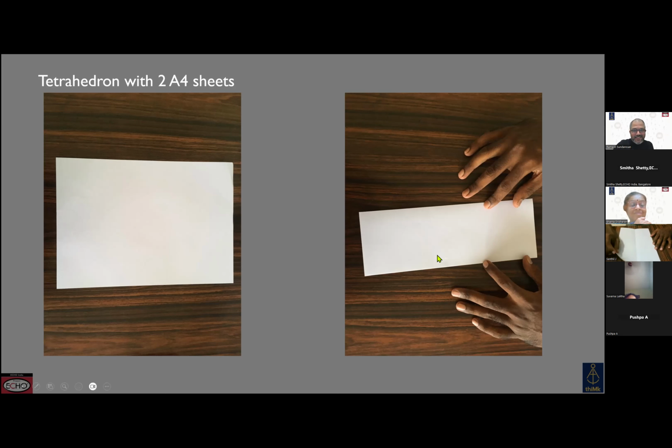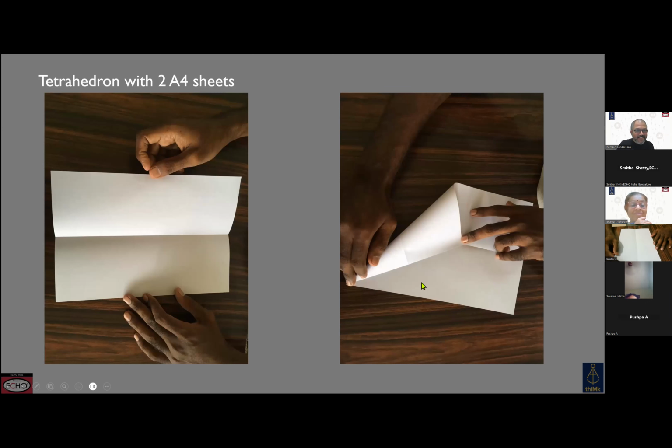Okay. So you take this right top corner and hold it in such a way that this right top corner is going to touch the middle line, the middle crease. And it's going to be like this.